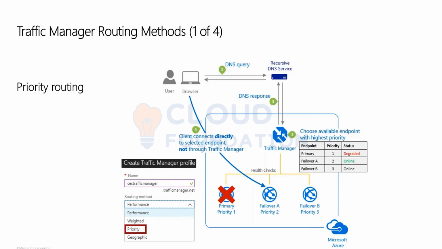Whether this given problem can be solved by Front Door, by Application Gateway, by Azure Load Balancer, or you may need a combination of some of these members. Even that is possible. It's not that only one solution should be used. You can use a combination of these solutions as well.